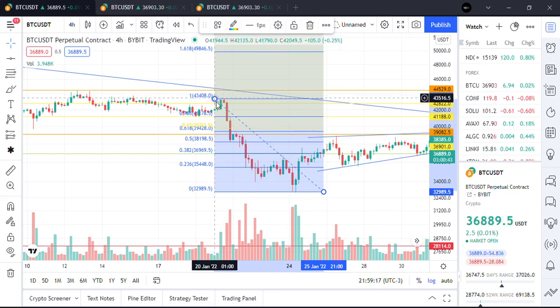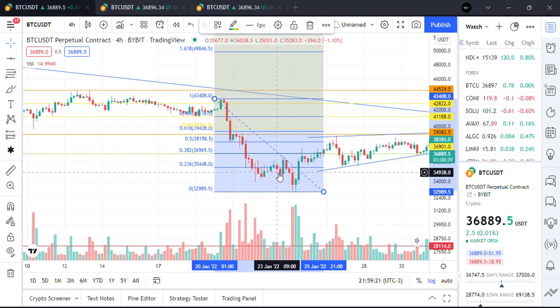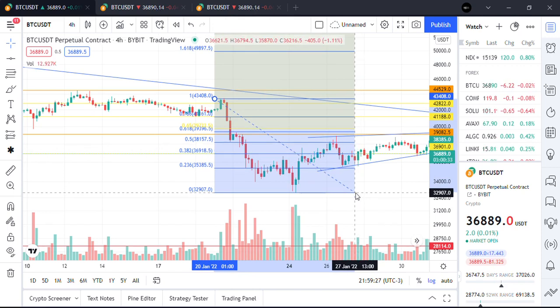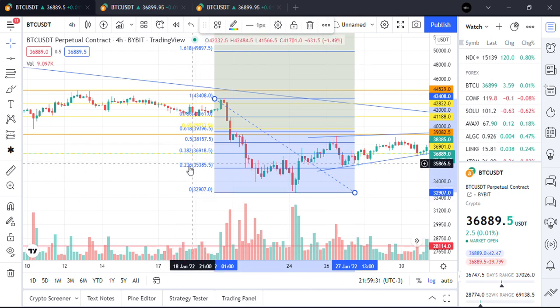So from this level down to this level. Now in the Fibonacci, there are various levels, in the sense that we feel that price might retest if price gets to that level. Now we have the 0.23, 0.38, but the most popular is the 0.5 and the 0.1 level.